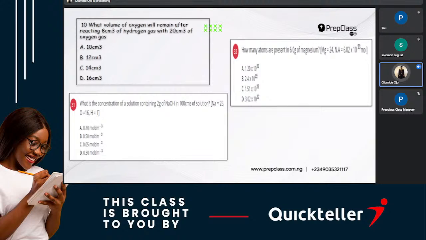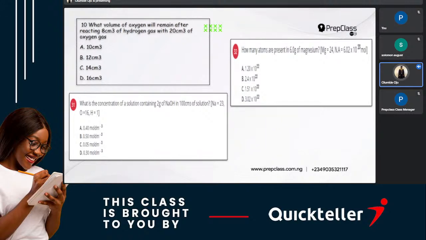So the mass of NaOH is 2 grams in 100 cm3 of solution.